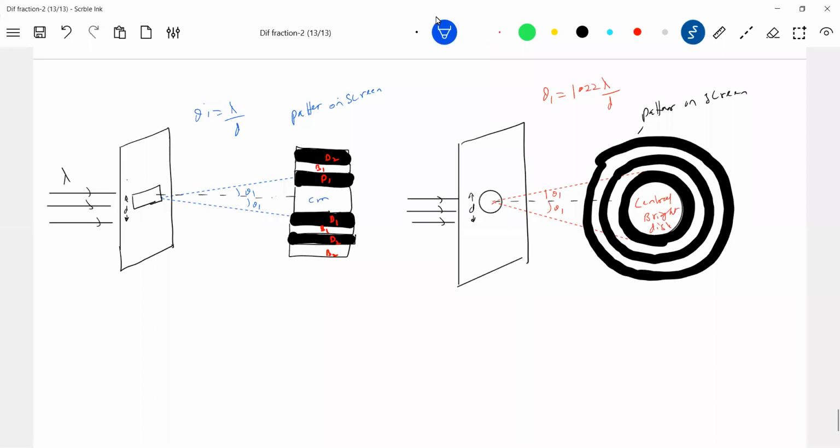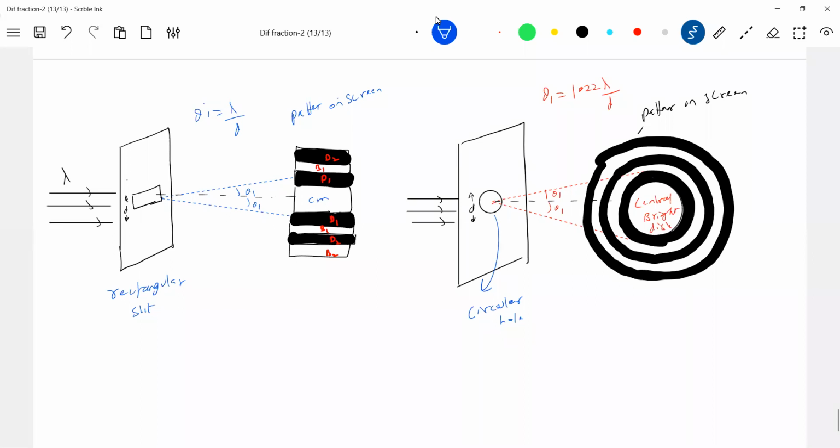Here it is a circular hole. So what is the angular position of the central minima? The angular position of the first minima should be equal to 1.22 lambda by d, the angle subtended by the first minima.